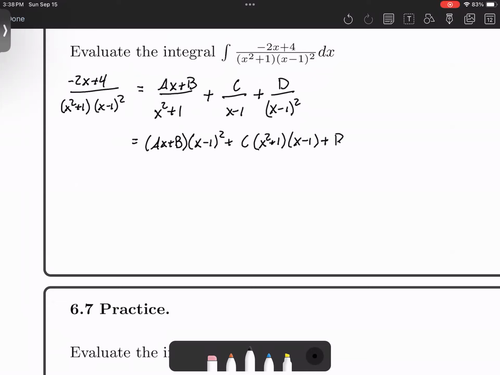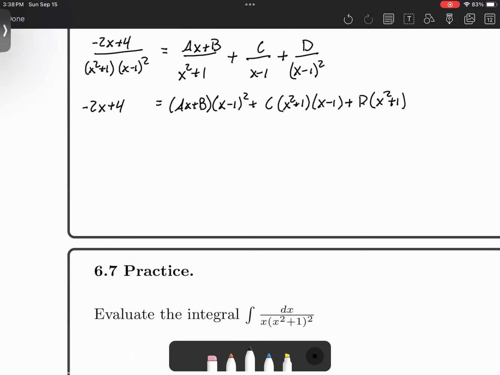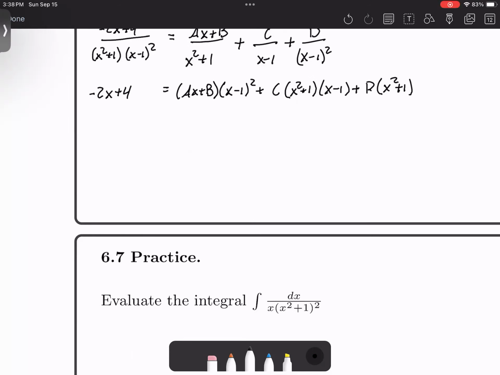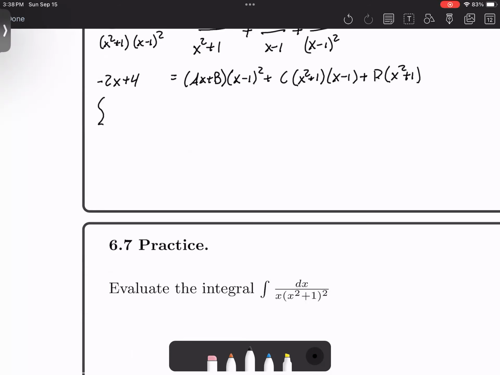And we'll take the d and multiply by x squared plus 1. Now, that's just the numerator, and I know that that numerator has to be equal to minus 2x plus 4. So we get a system of 4 different equations. By matching up terms, actually, let's go ahead and expand this numerator first.